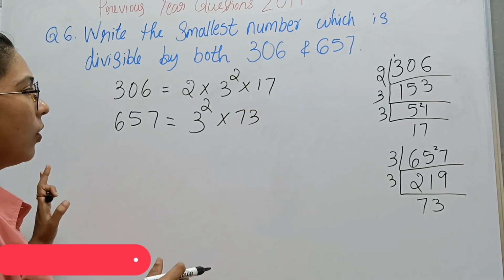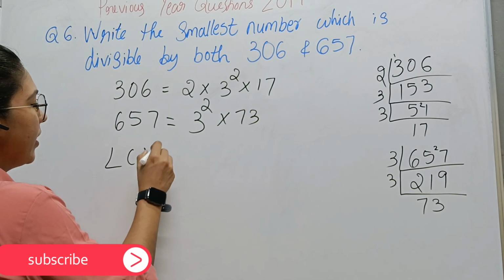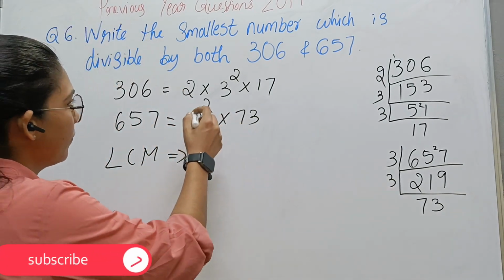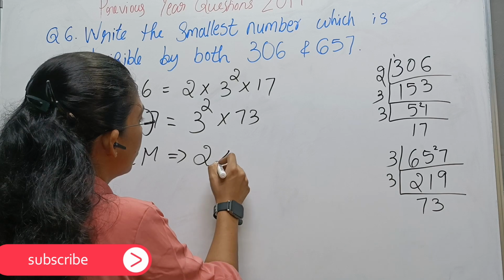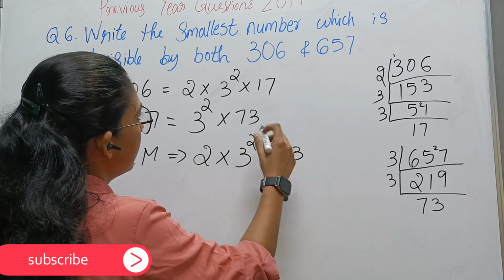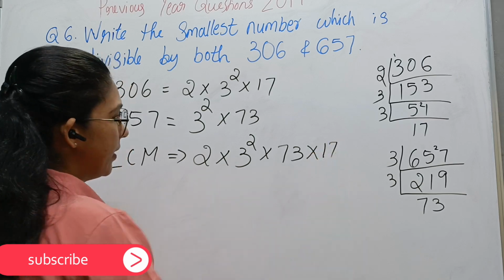So let's find the LCM. What is LCM? LCM is the product with the highest powers. So here 2 into 3 square into 73 into 17.